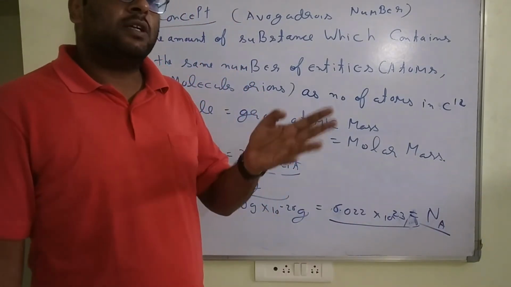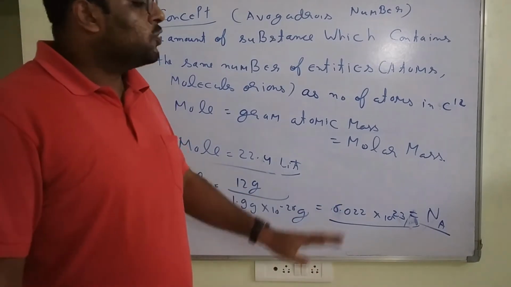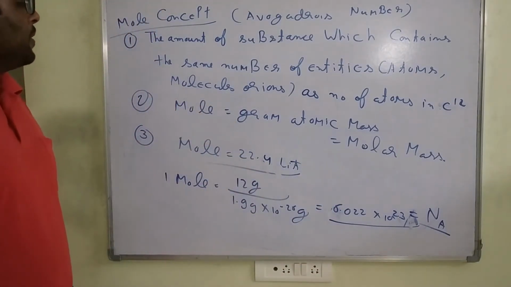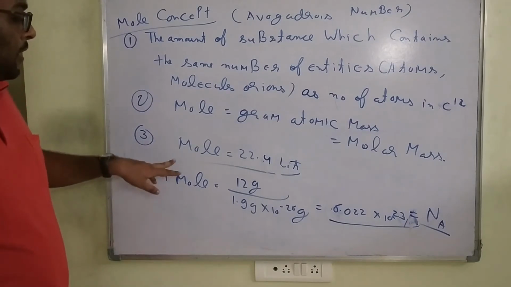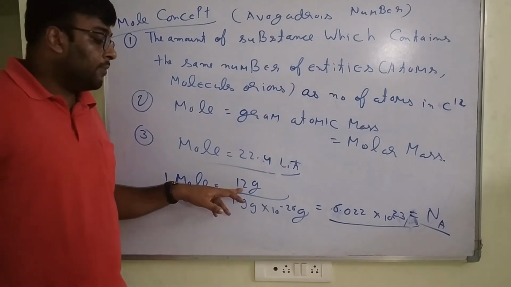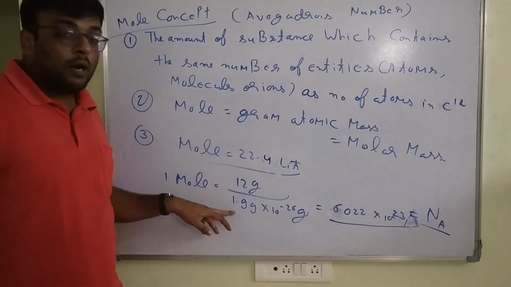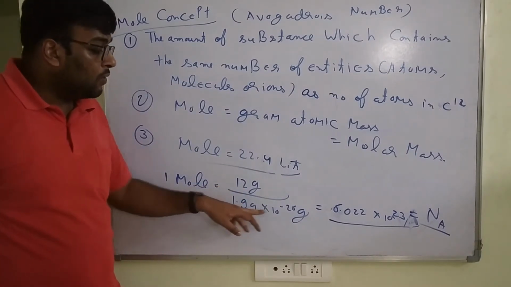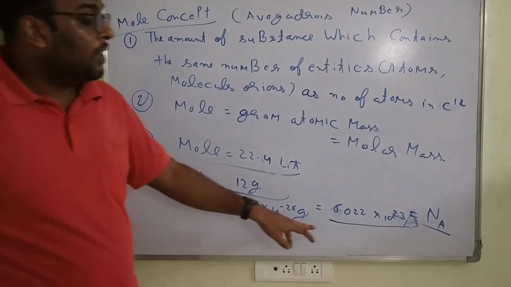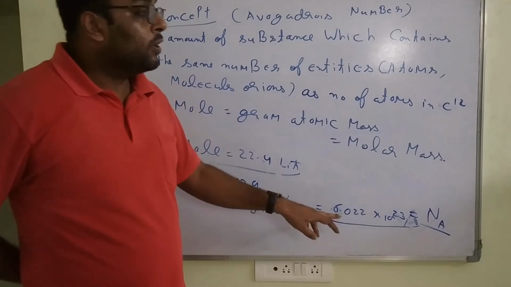In the calculation we are considering 6.023 into 10 raised to the power 23. Carbon 12 has an atomic mass of 12 gram, and one carbon 12 atom has a mass of 1.99 into 10 raised to the power minus 26 gram. If we divide these, we get the value of a mole. It may be molecules, atoms or ions.